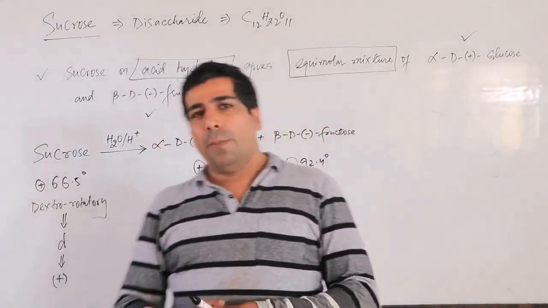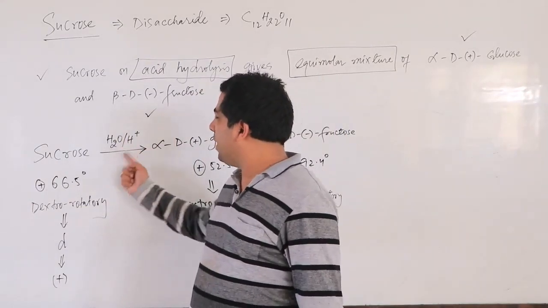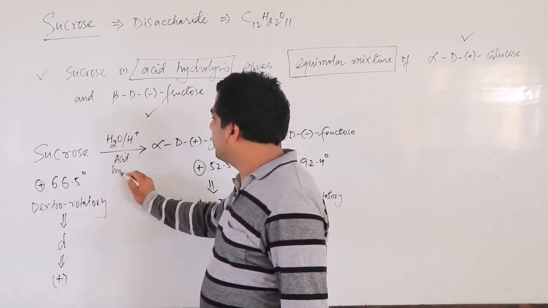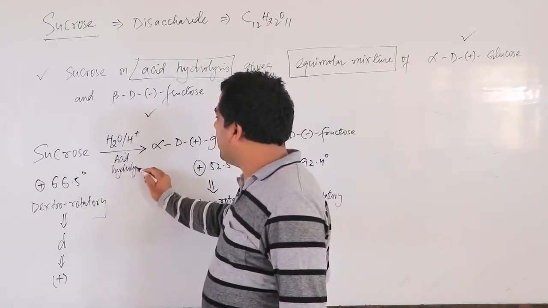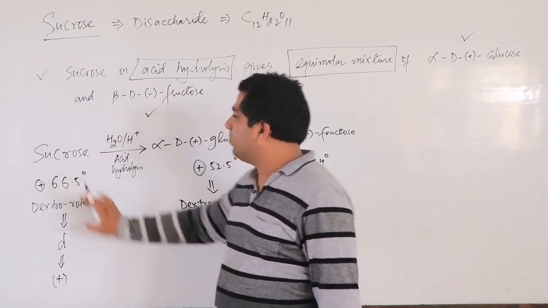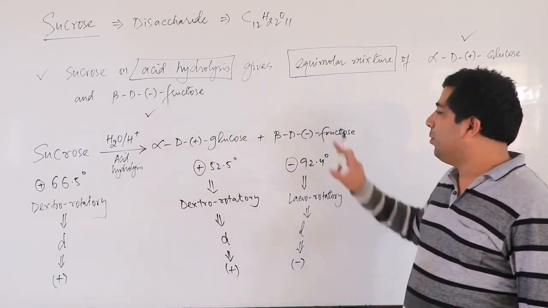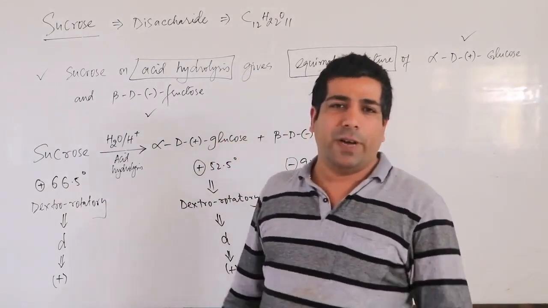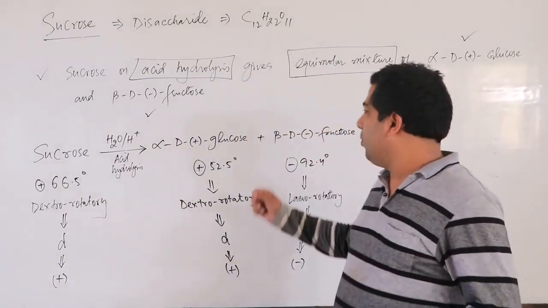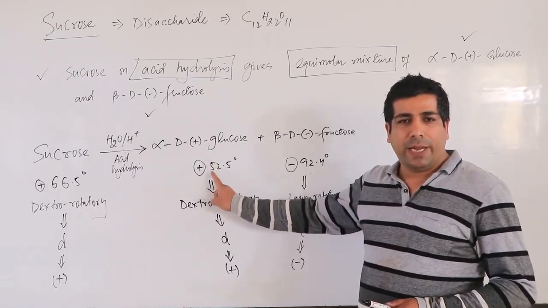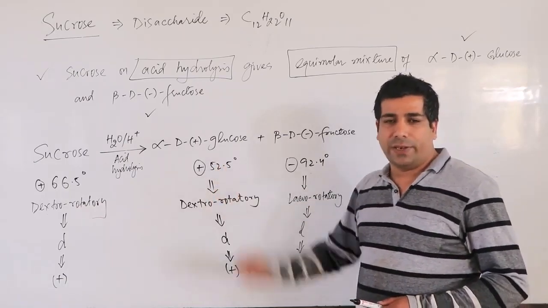Correct? But after hydrolysis, we call it acid hydrolysis. After acid hydrolysis, the sucrose molecule has changed into alpha D glucose and beta D fructose molecules. Then we found that this alpha D glucose can rotate the light in clockwise direction by how many degrees? 52.5 degrees.